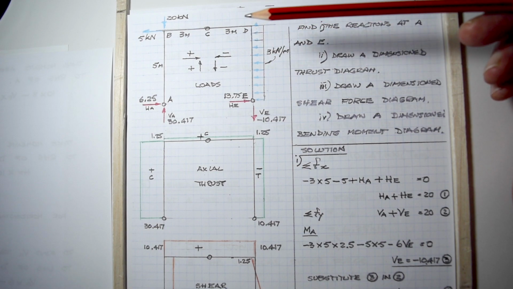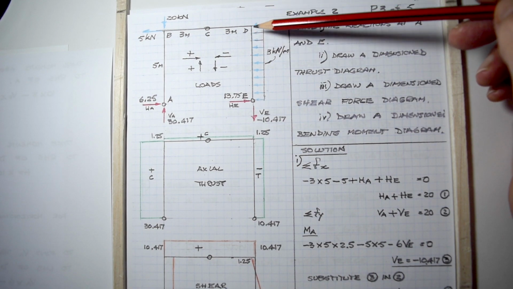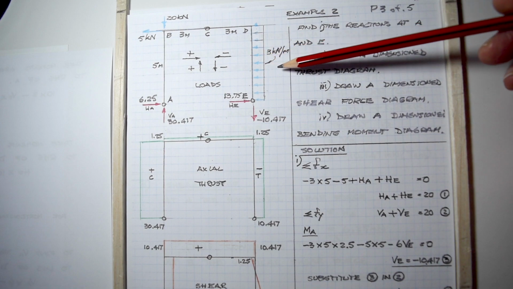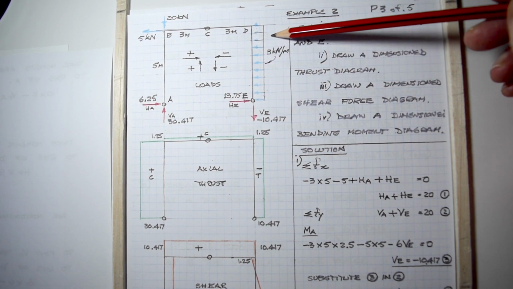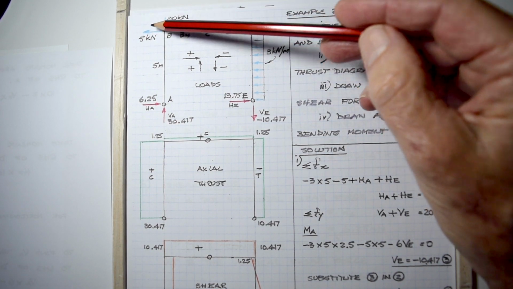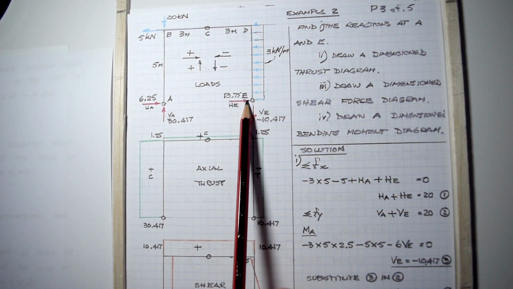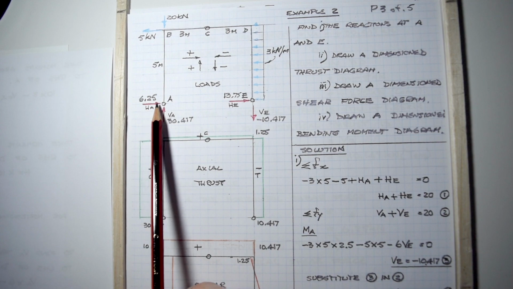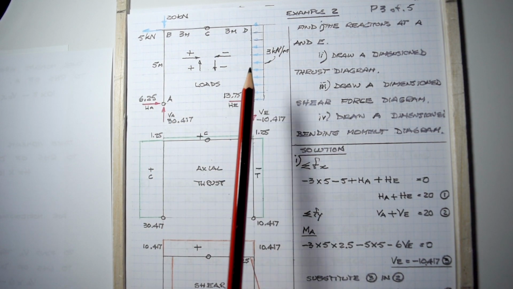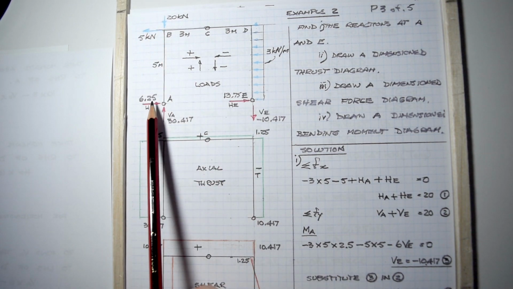Now, what you must learn to do is, if you see the external forces on the frame acting in a certain direction, you can be pretty sure that these two horizontal forces will be countering those. So they run in the opposite direction to those two forces, as you can see.